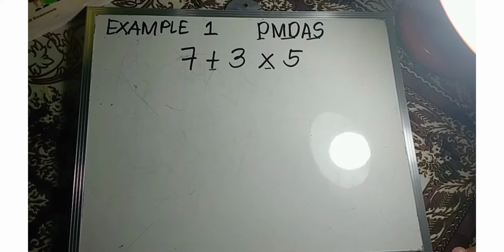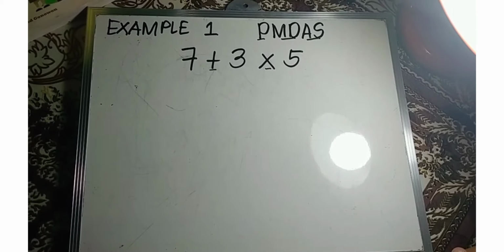So, in solving order of operation, first you have to solve the parenthesis, multiply or divide, that will be the second operation that we are going to solve, and then last is add or subtract. Multiply or divide, whichever comes first, and also add and subtract.